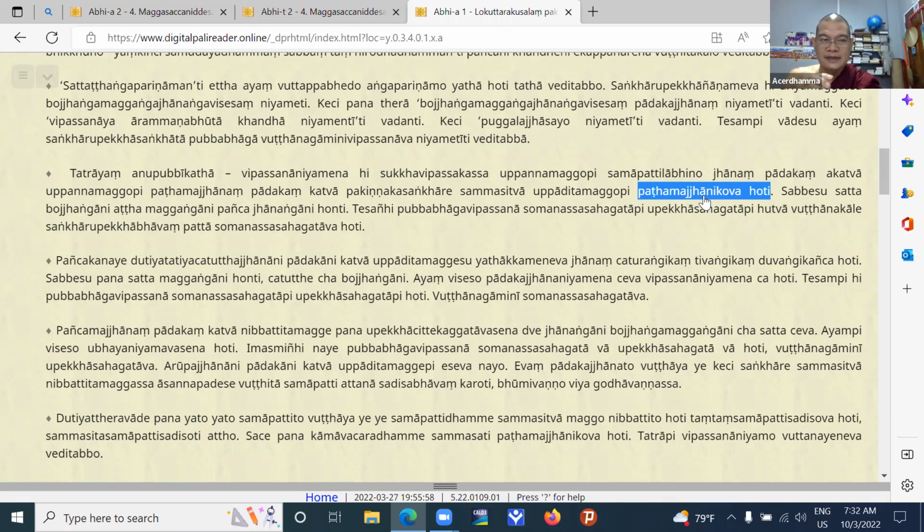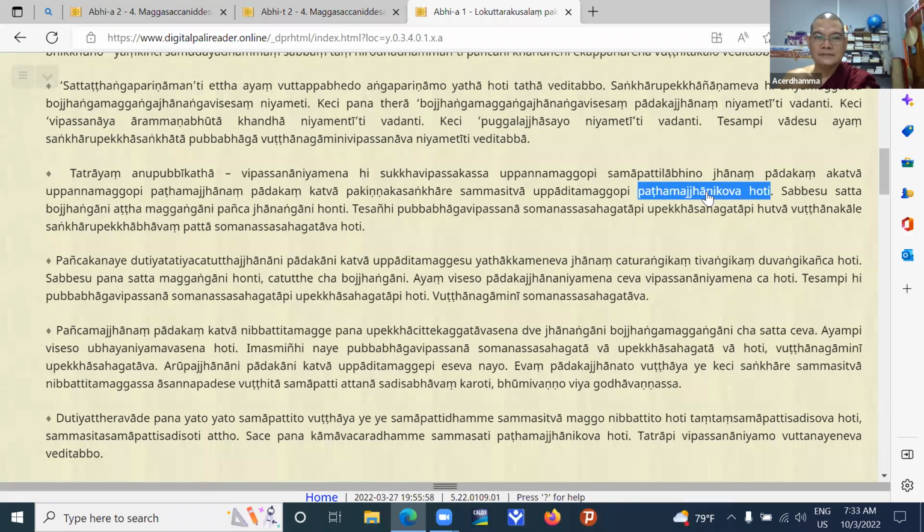That's why he said, in the third person, he used the word first jhana. Even though he takes the first jhana as base, then as he changed to the other object, the magga also becomes only the first jhana magga.